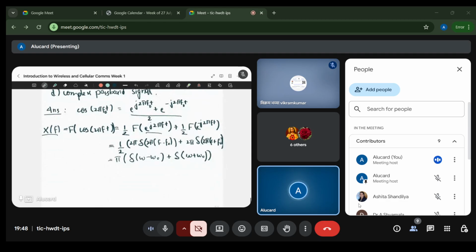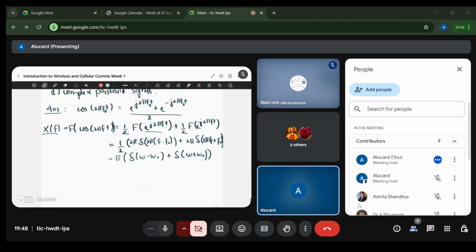Well, that was just an example. If I had to make it more concrete, if the magnitude spectrum of a signal is conjugate symmetric, it is a real signal.